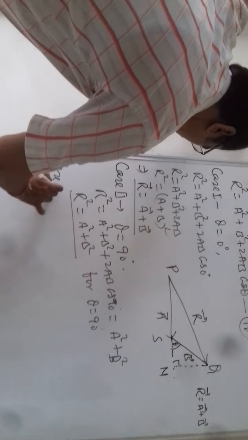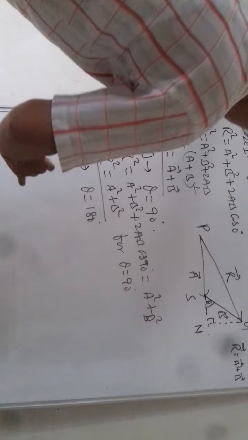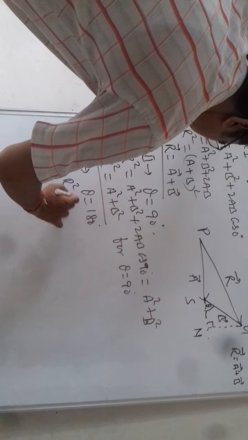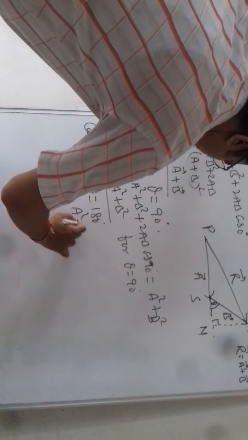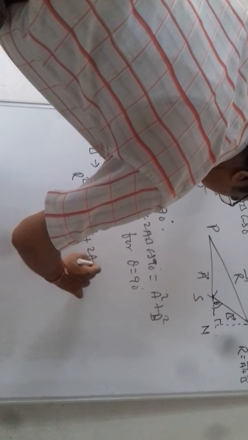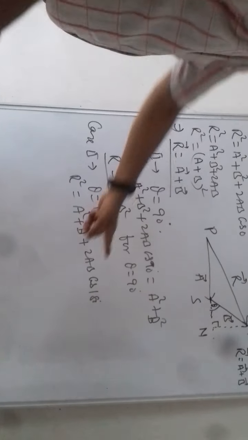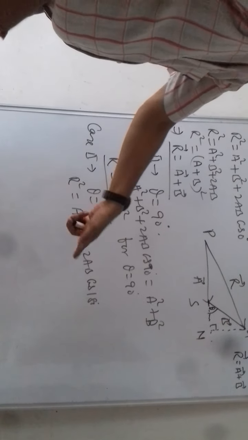Another case, when we take theta is equal to 180 degree, then we find R square is equal to A square plus B square plus 2AB cos 180. Here cos 180 is equal to minus 1.